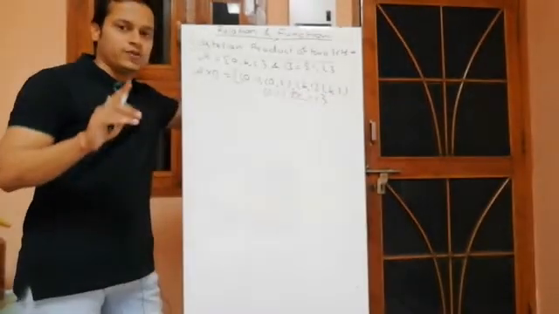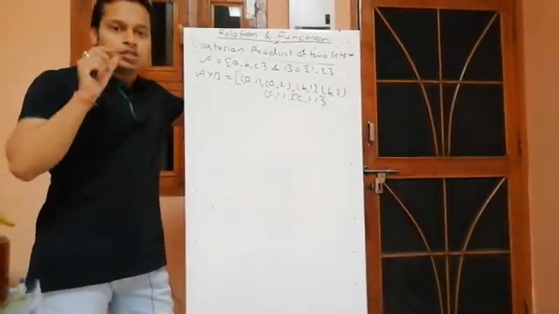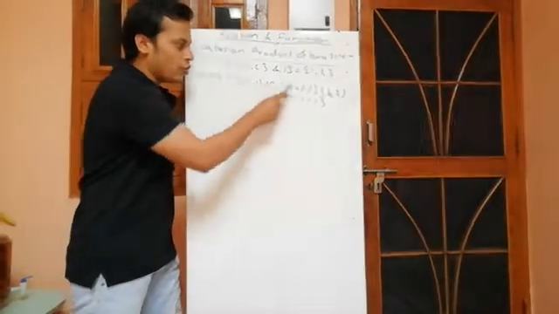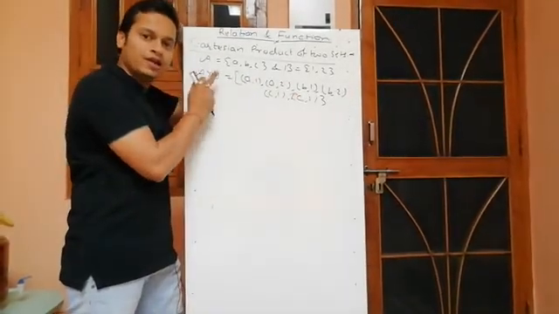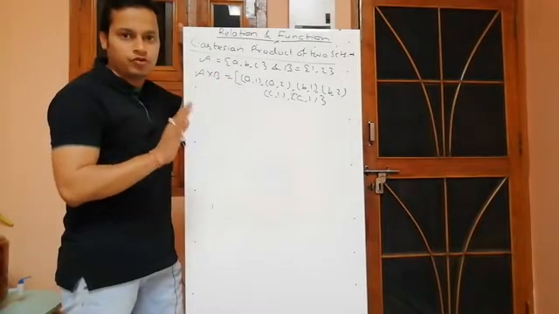This is A cross B. Any problem? So A cross B is the set of all those ordered pairs whose first element belongs to A and second belongs to B.